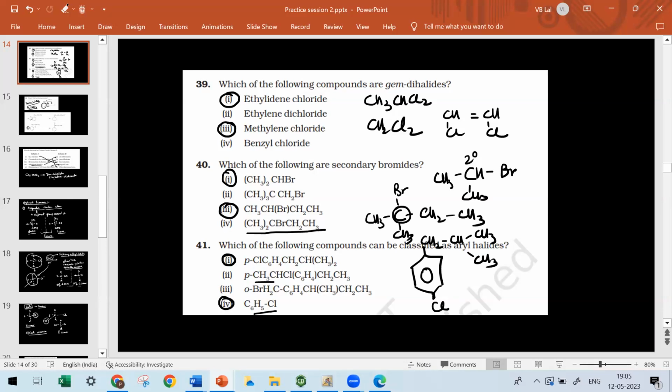Now, what about this one? Let us see the structure of the second one. If you see carefully, these are complicated ways of writing simple compounds, but because they want to write it in a straight line, I thought you should practice this.